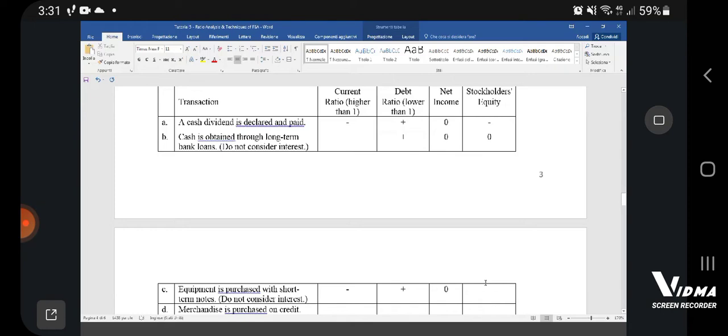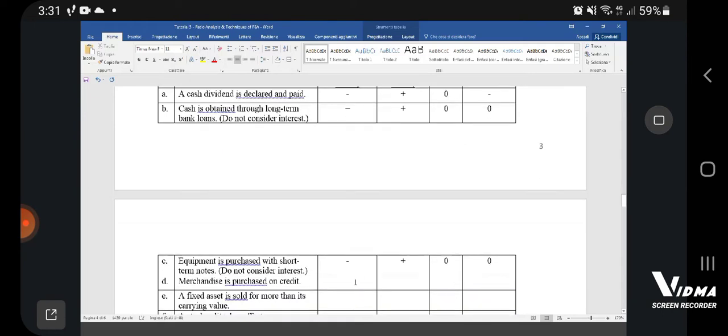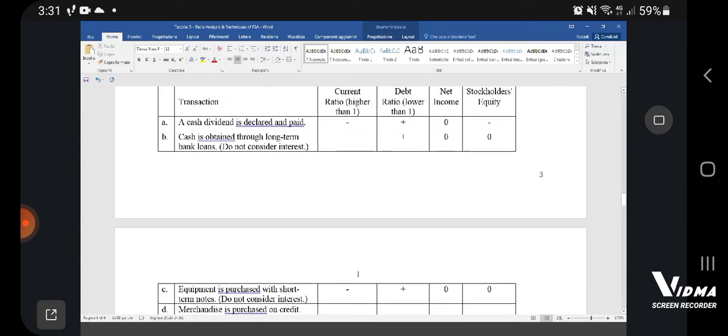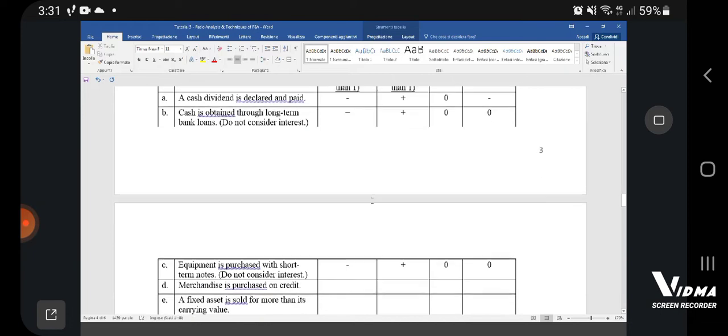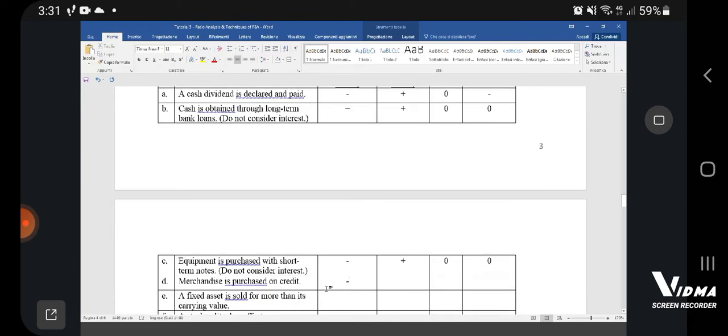Stockholders' equity: no change. Merchandise is purchased on credit. For the current ratio, you increase both inventory and the current liabilities because we are purchasing on credit. You have a ratio which is higher than 1, and increasing both elements by the same amount will cause the ratio to decrease.